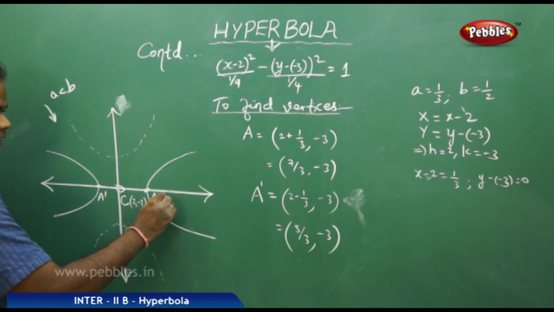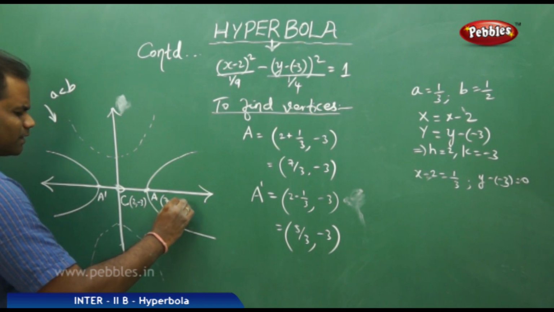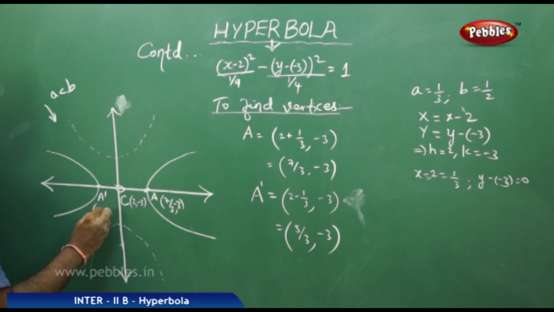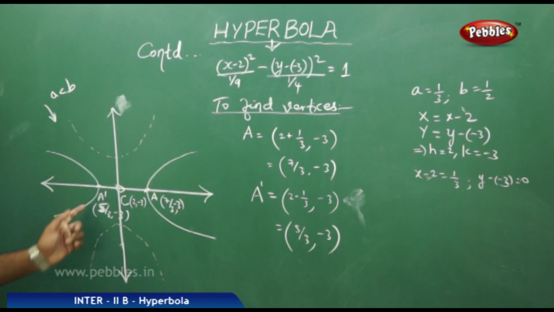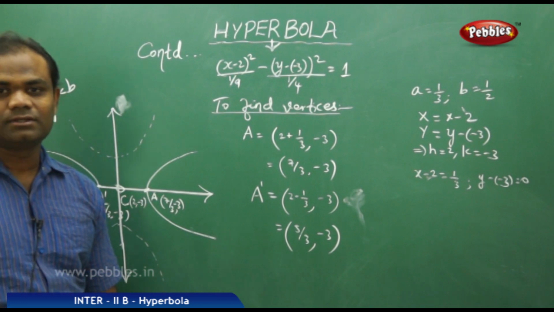So the coordinates of A are (7/3, minus 3) and A dash is (5/3, minus 3), the vertices.